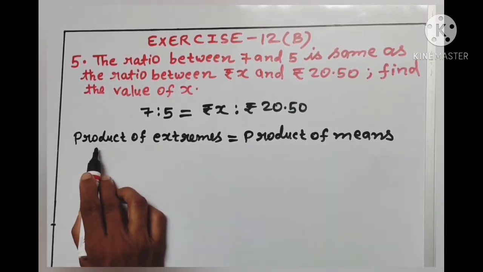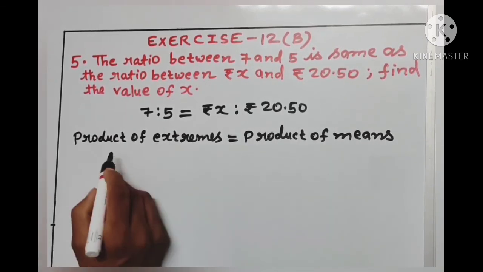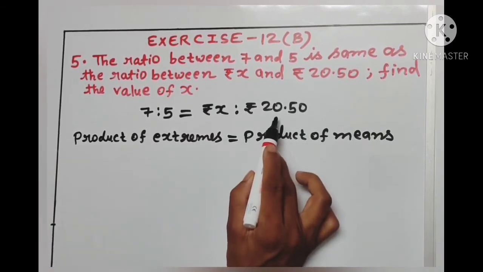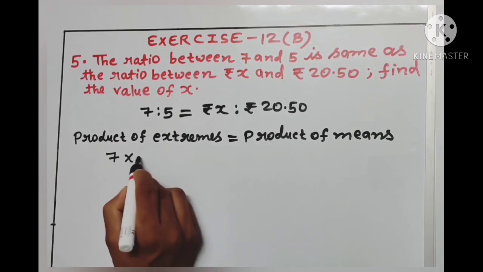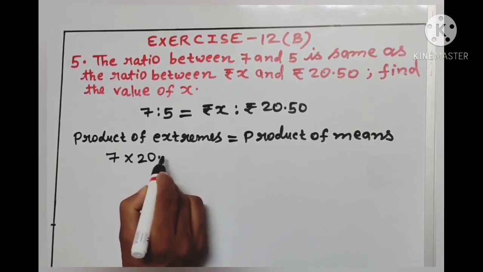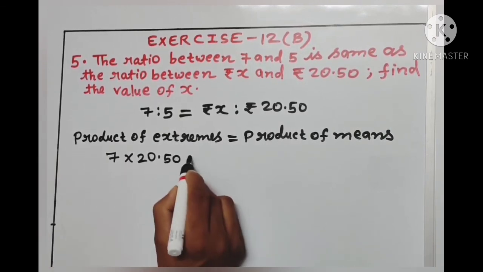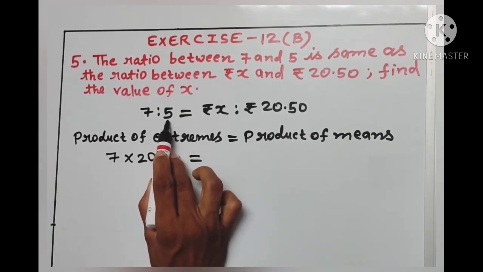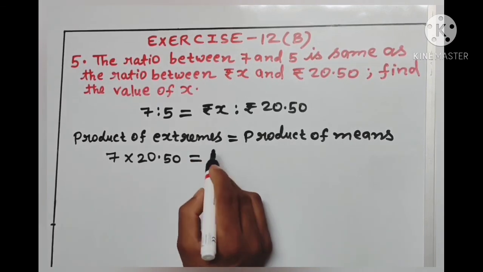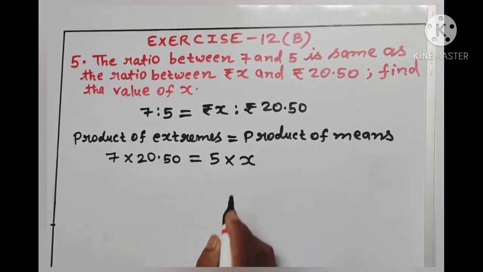So I am going to write here the product of extremes. Here the 7 and this 20.50 both are the extremes. 7 into 20.50 is equal to the product of means, and here this 5 and this x both are the means. So 5 into x. Clear?